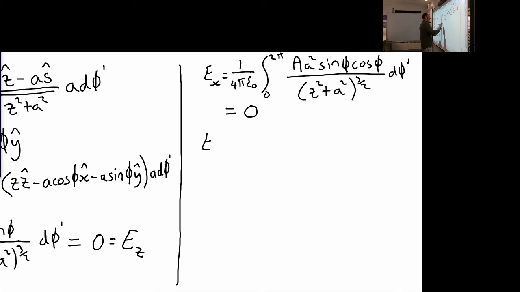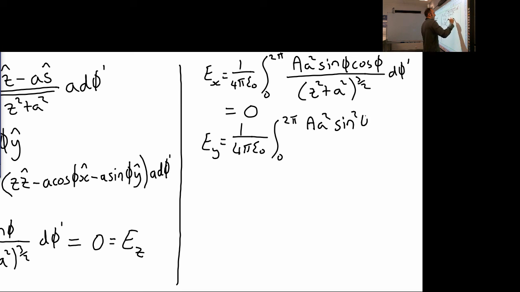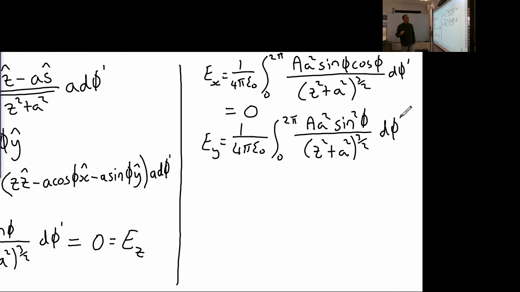And now if we look at our Ey component, this is going to be a sine squared phi all over the same denominator to the 3 over 2, d phi prime, and the integral of sine squared phi between 0 and 2 pi results in pi.